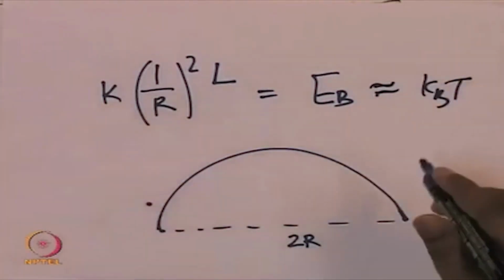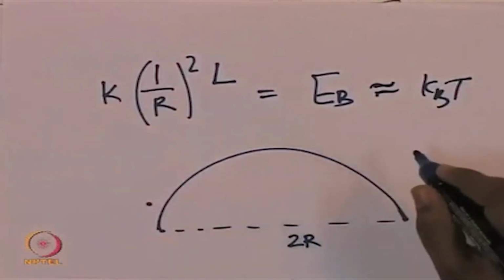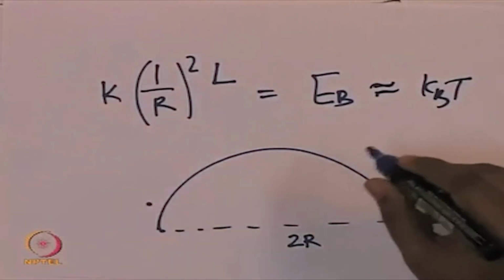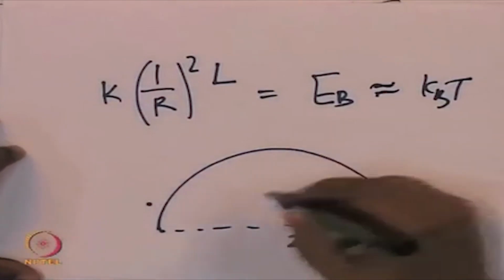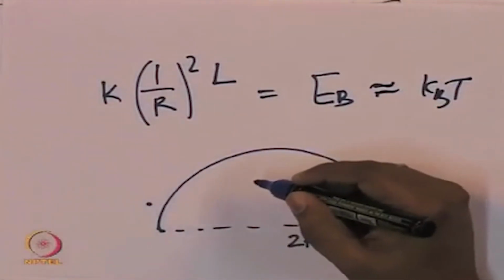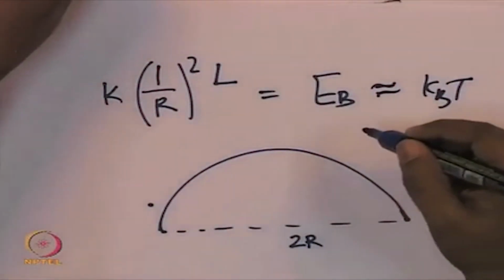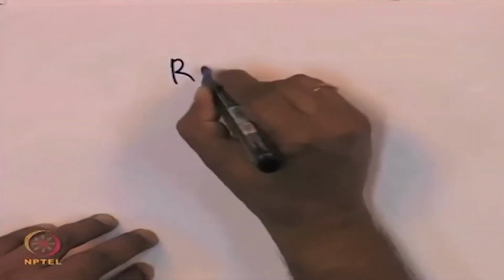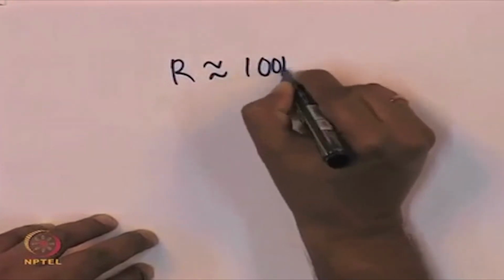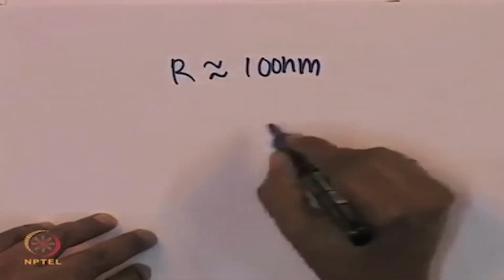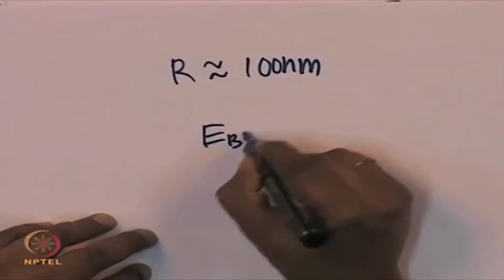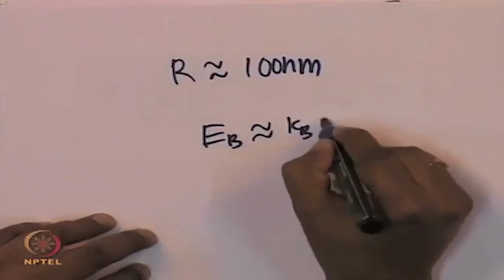I will not go into the detail of this because it is not the important point here, but I just want to say that even for the bending of DNA, when r is of the order of about 100 nanometer, the bending energy is comparable to kBT.